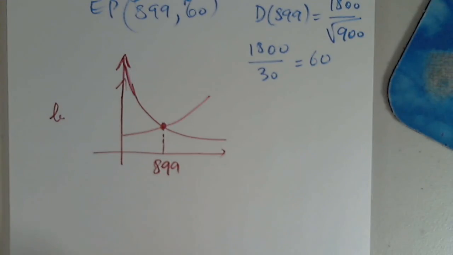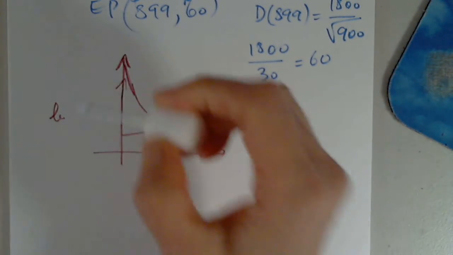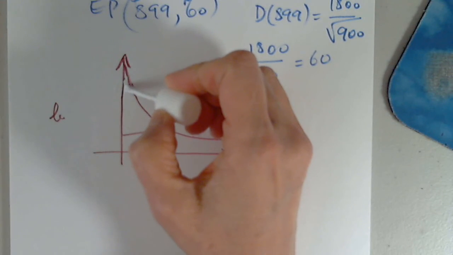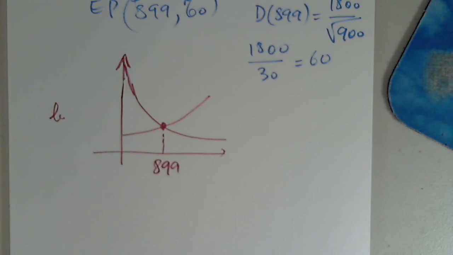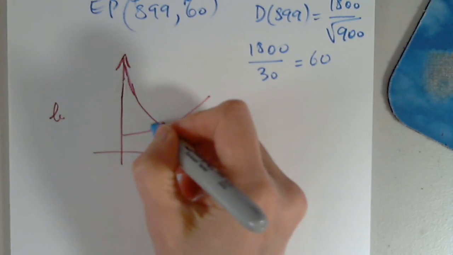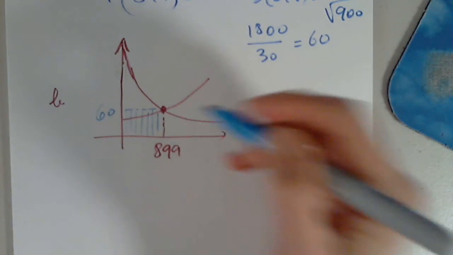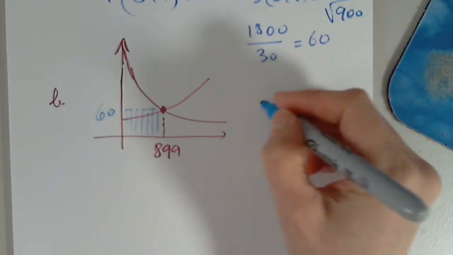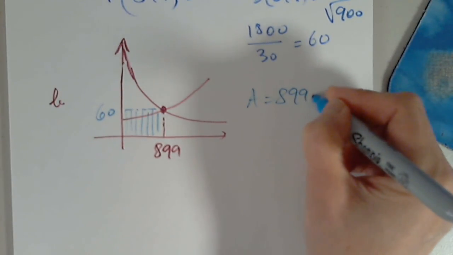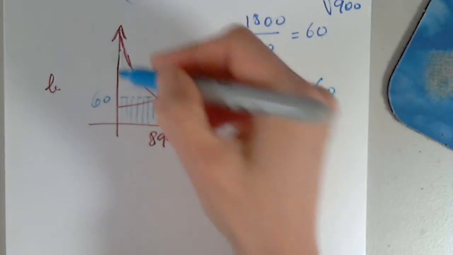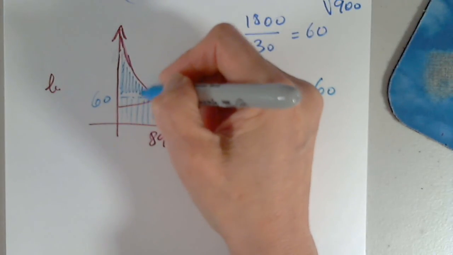If it doesn't start at 0, I have difficulties with that because we don't know how to integrate improper integrals. So there is no asymptote here or anything like that. So the area is $8.99 times 60. And this is the consumer surplus.